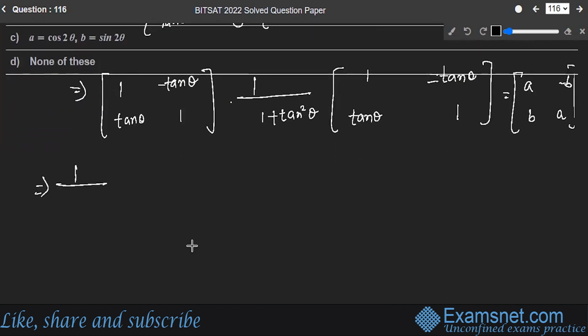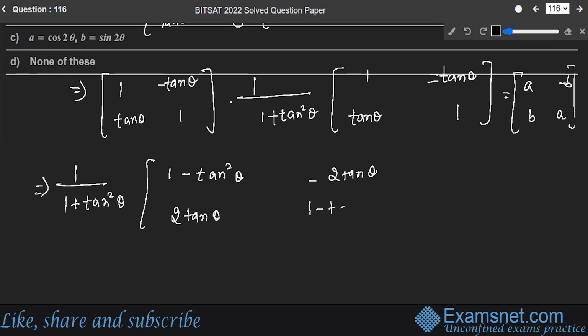So here I'm going to write 1 plus tangent square theta. And let's multiply. You have 1 minus tangent square theta, minus 2 tangent theta, 2 tangent theta, 1 minus tangent square theta is equal to a minus b, b and a.